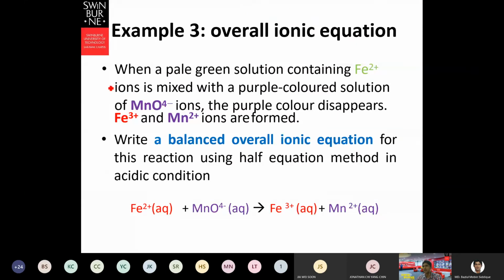When we write the overall ionic equation, when a pale green solution of iron, Fe2, iron is also different. When it is in oxidation state 2, it is greenish brownish, but when it's 3, it is reddish. So this is also because of the oxidation state.